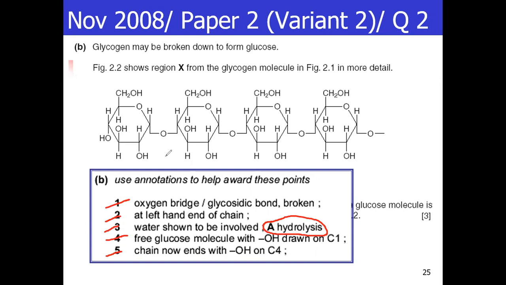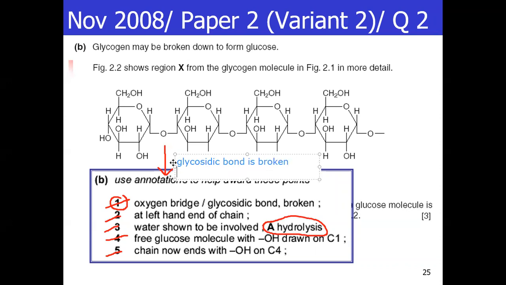Okay, so maybe how to get the first marking point is, when you show the working, you can annotate here in this process that the glycosidic bond is broken. So this is called annotation by the process called hydrolysis.